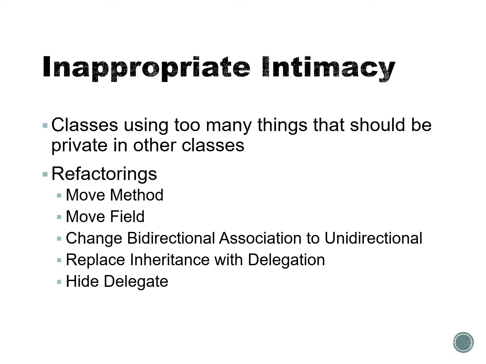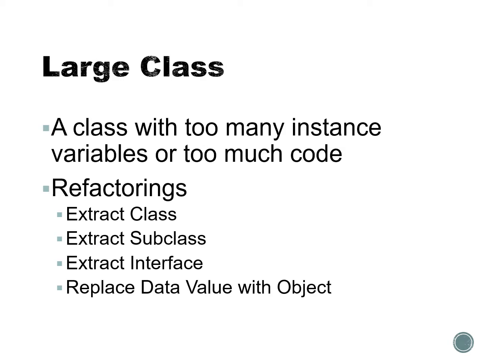Classes that use too many things that should be private in other classes, so there are problems with the visibility, or some object is designed so that it actually relies on things that it shouldn't even have access to. Large classes.